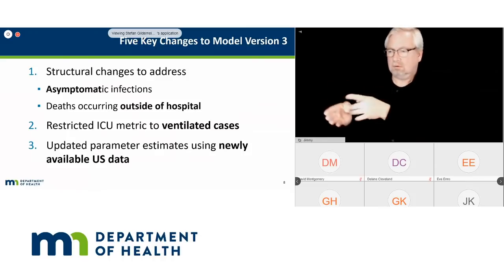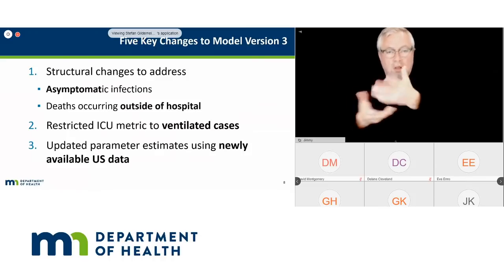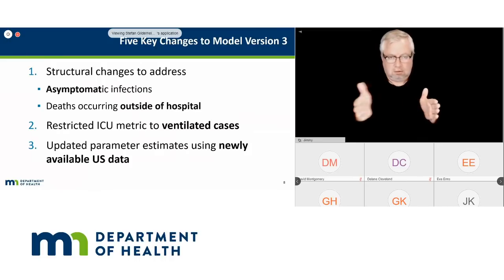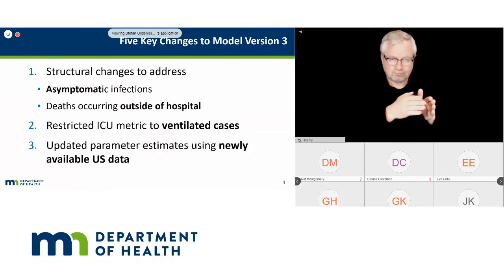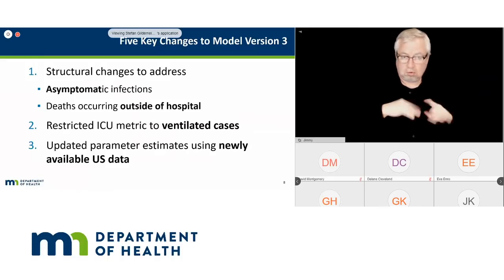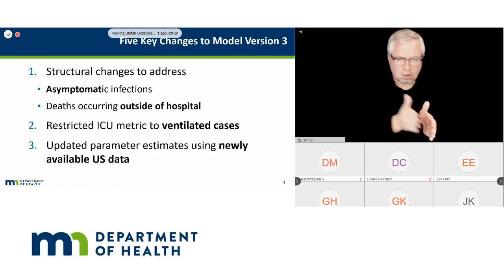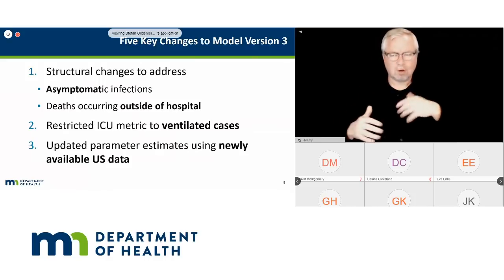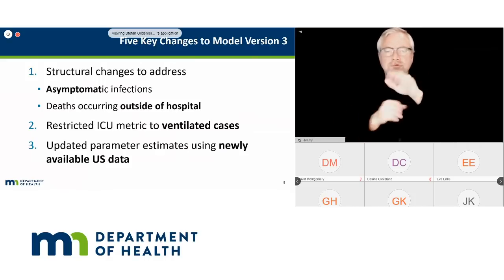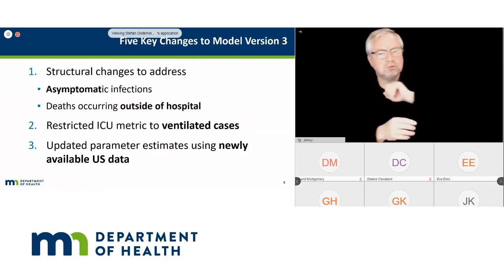So we have built pathways for asymptomatic patients to move through recovery without requiring hospital care. The data is incomplete, but we know that is happening. We want to make sure that we don't overestimate the need for hospital care by routing them directly to recovery.